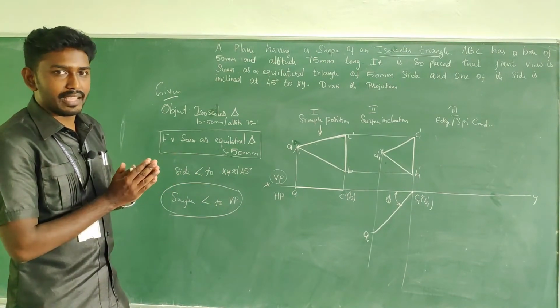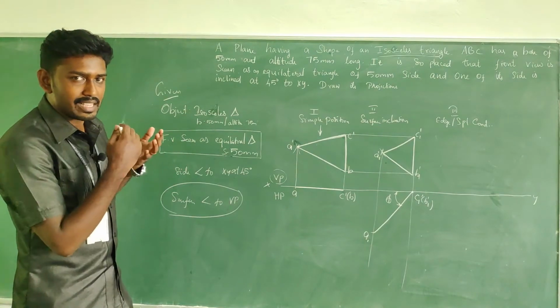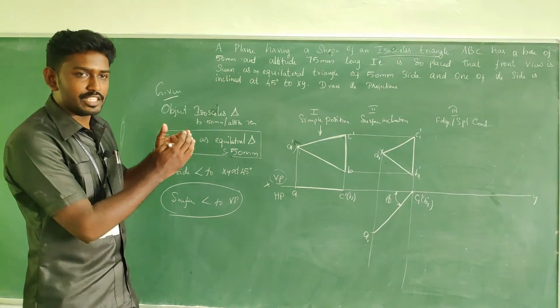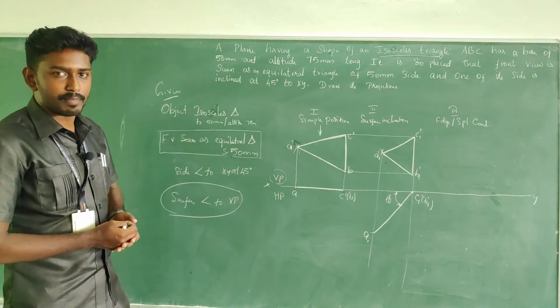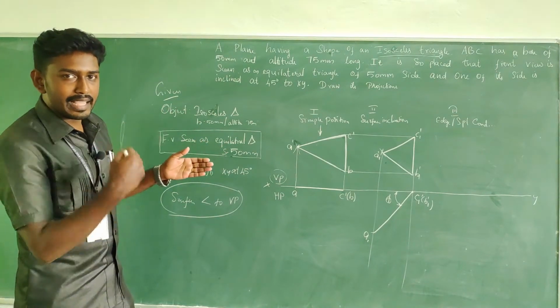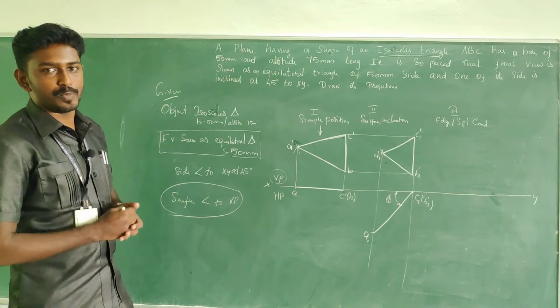And we know from the introduction part, if the plane surface is inclined to HP, then the edge or the special condition will be making an inclination with respect to another plane, the opposite plane. If the surface is inclined to VP, then the edge will be making an inclination with the other plane, HP.